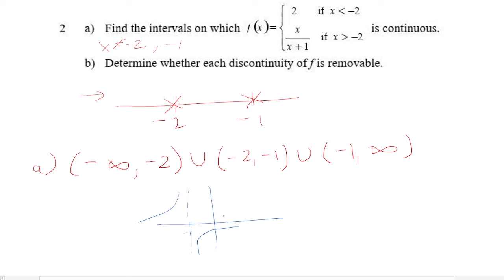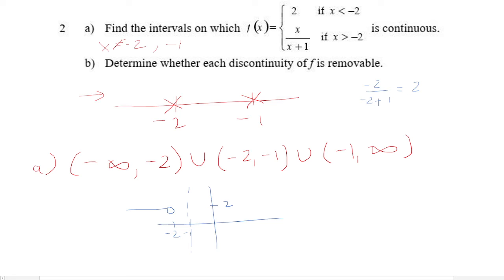Well, we know when x is less than -2, it's going to be 2. So that's going to be a hole there. And then when you plug in x equals -2 into this second function, you get -2 over -2 plus 1, and this is just going to be +2.